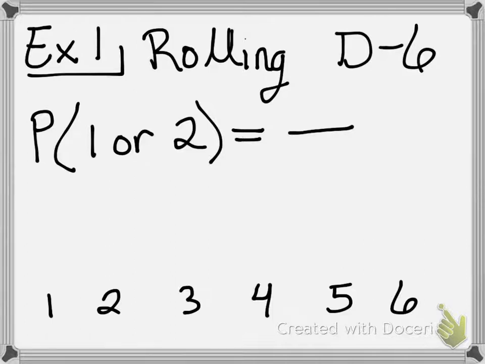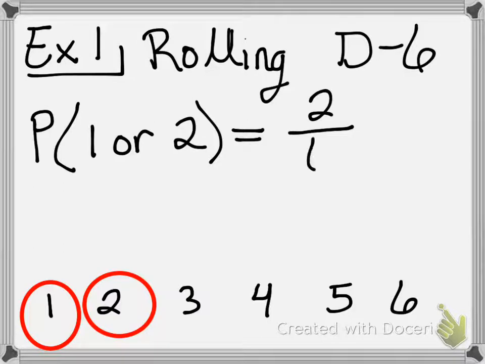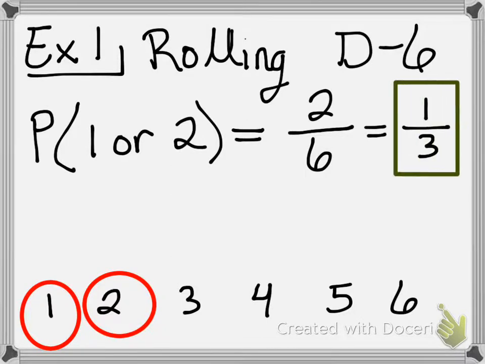Me rolling a 1 or a 2 has 2 options of that happening, and there are 6 total. So that's the probability. Make sure you simplify. So our answer is 1/3, or you can write that as the decimal or the percentage.